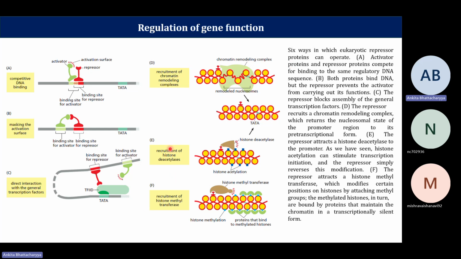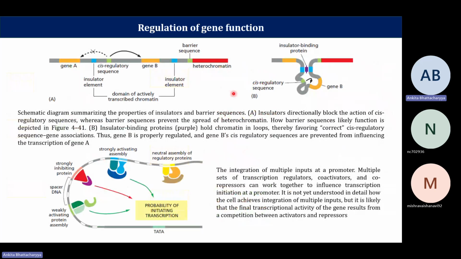Then you have recruitment of histone deacetylases, which are going to remove acetyl groups, or there can be recruitment of histone methyltransferases, which will put a repressive mark and maintain the transcriptional silencing of a certain region of the genome. So these are examples of different ways in which gene function, silencing, and activation can take place.